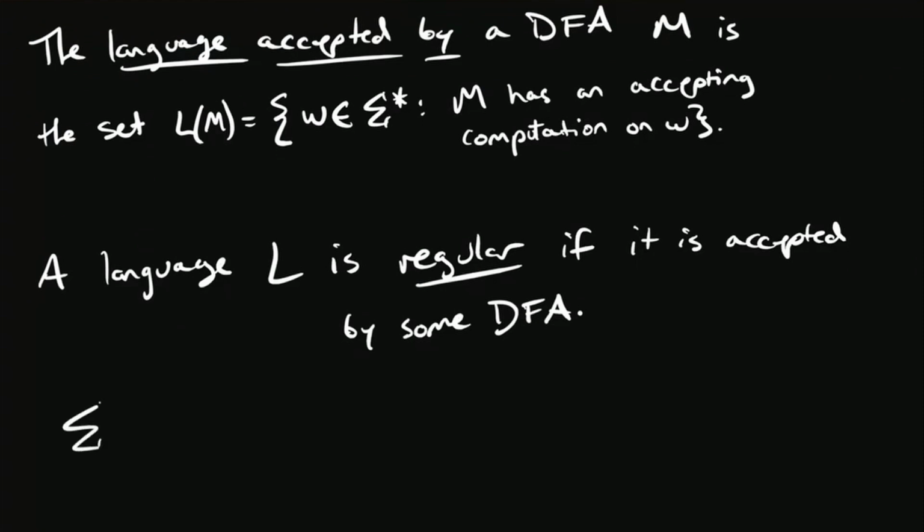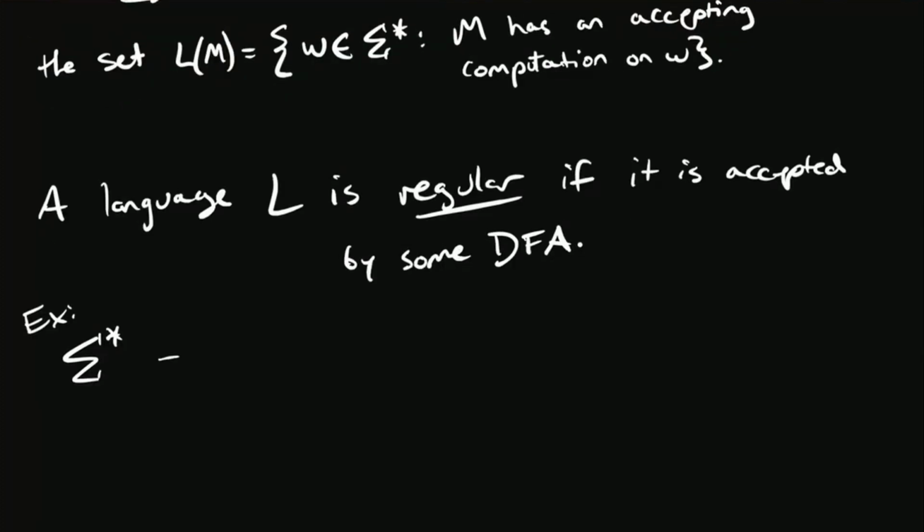What about the set of all strings? So is sigma star, the set of all strings, regular? In other words, is there some DFA that has that language? So basically the DFA that accepts everything never goes to a non-final state. How would I make it?